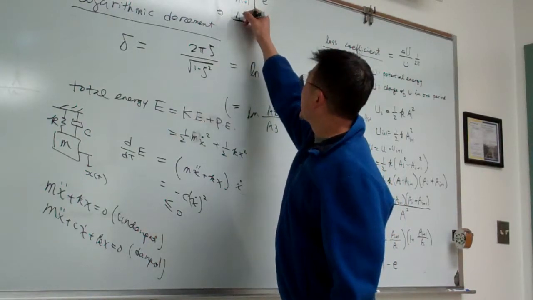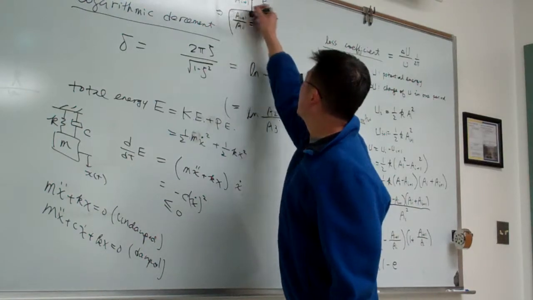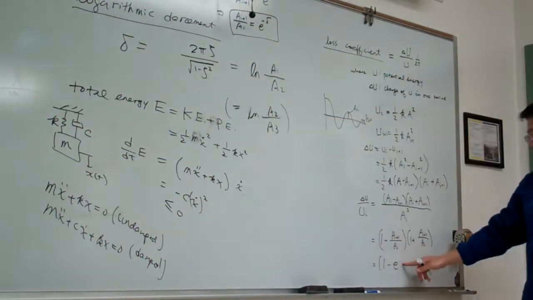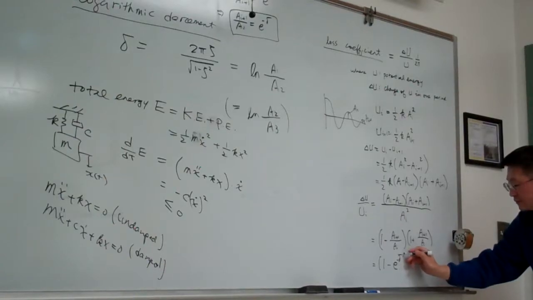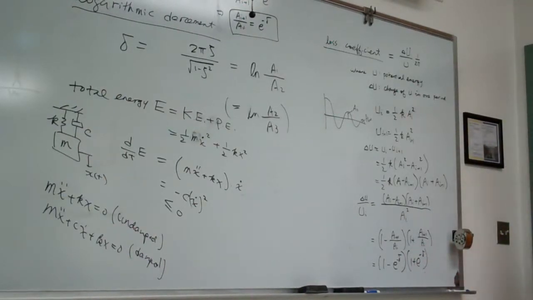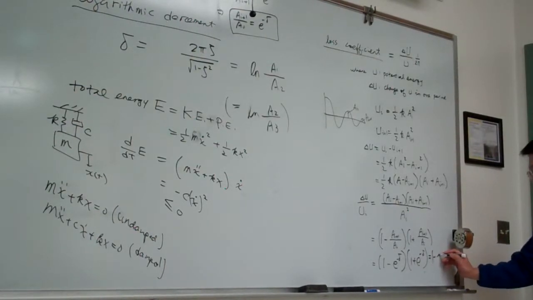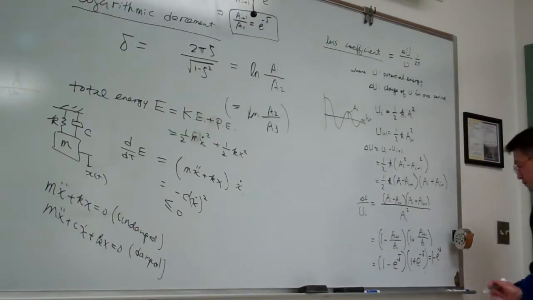So A_{i+1} divided by A_i equals e to the minus delta. So we pick up this information into here. So that is 1 minus e to the minus delta, and 1 plus e to the minus delta. Okay, so we implement this one. Basically this is 1 minus e to the minus 2 delta.